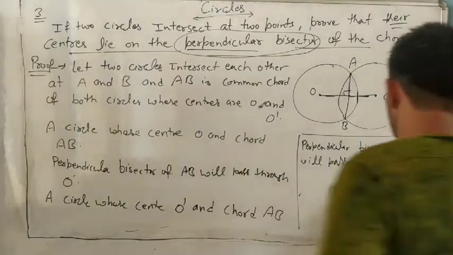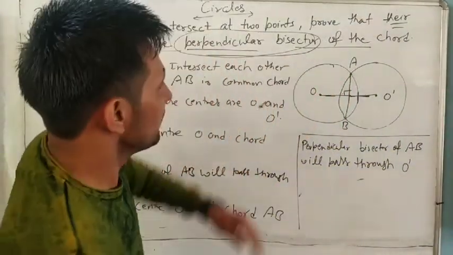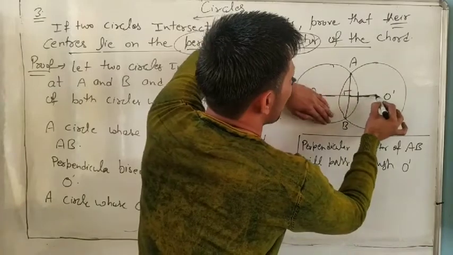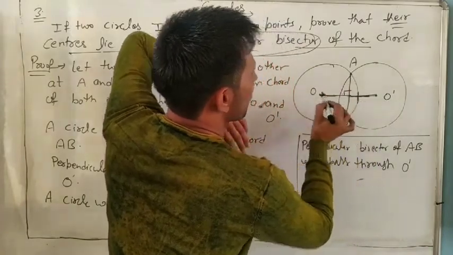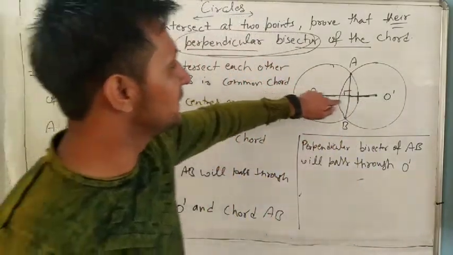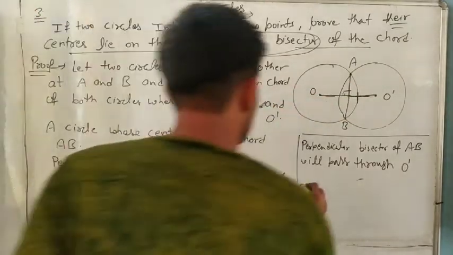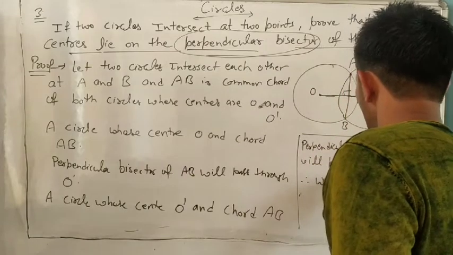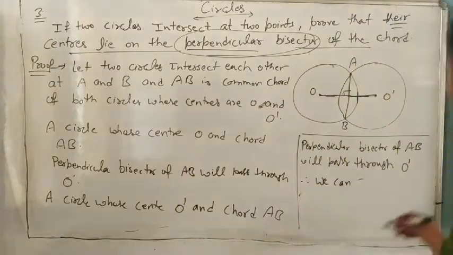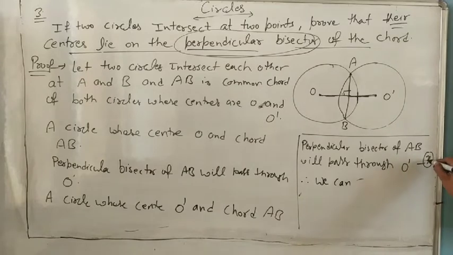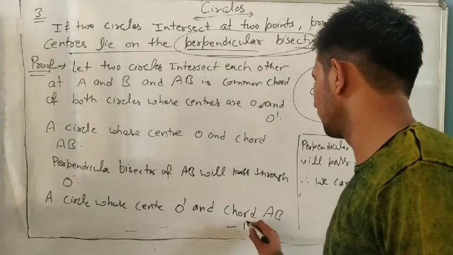So now you can say that the perpendicular bisector passes through O dash, and it also passes through O. Understand or not? Therefore, this is equation 2 and that is equation 1.